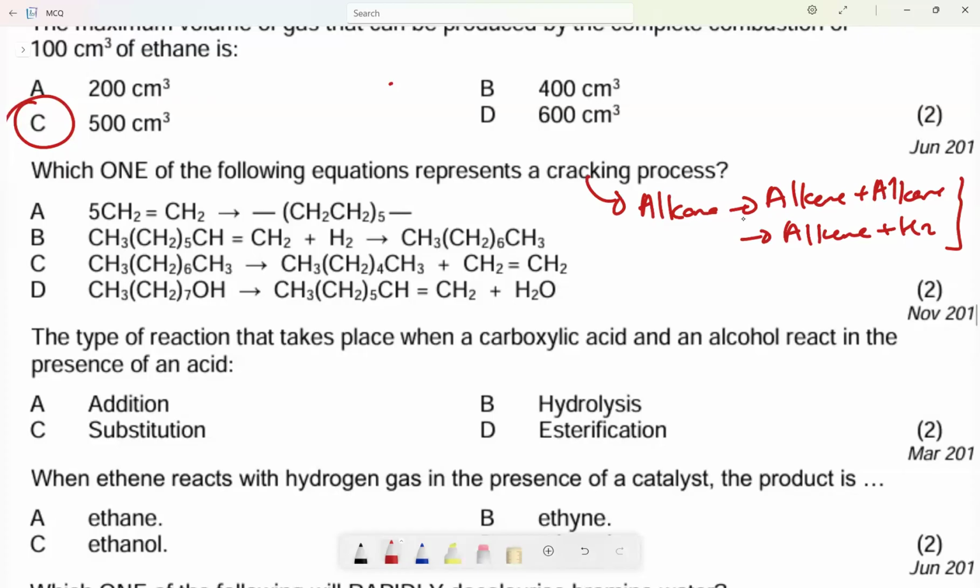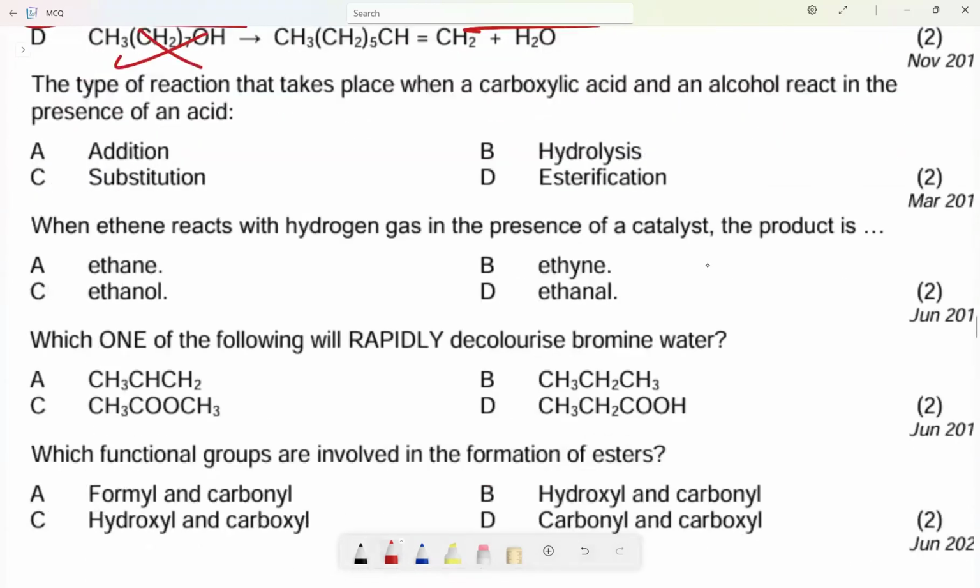So let's see. This one has a double bond, no. You need it to be single, okay? This one is a double bond, no. This one is an alcohol, no. So we need an alkane. Can you see now? It forms an alkane and an alkene. Again, it forms an alkane and an alkene. So the most correct answer is number C thereof. Very, very important and key.